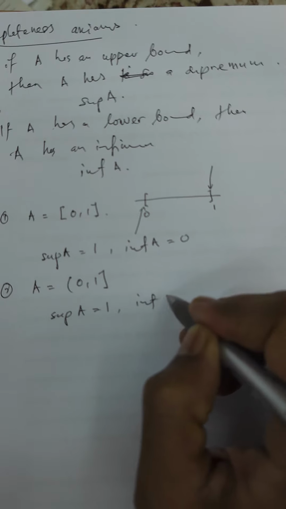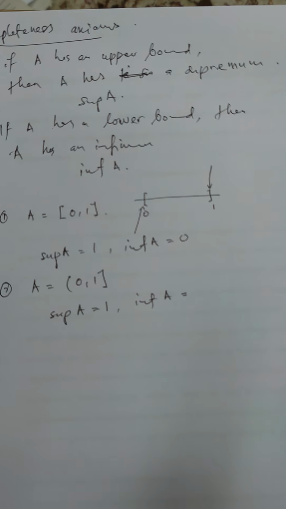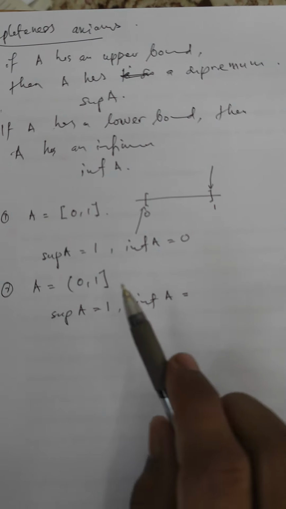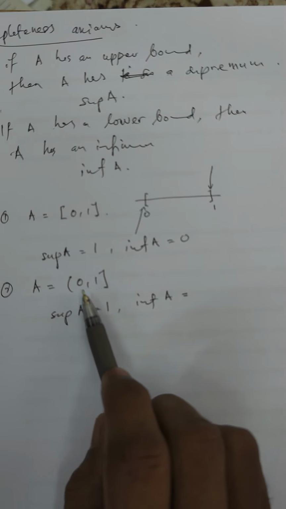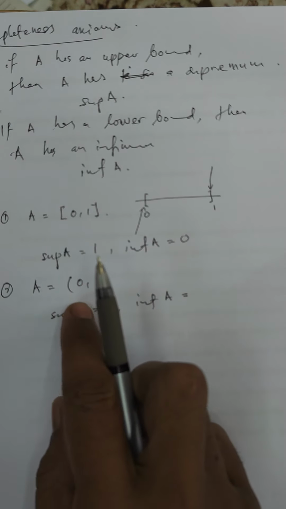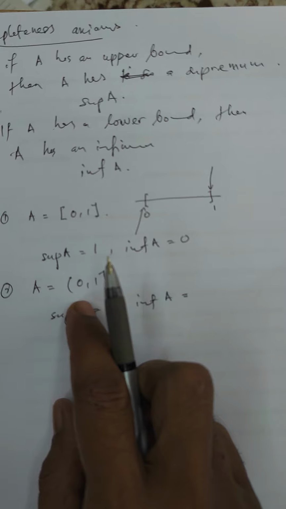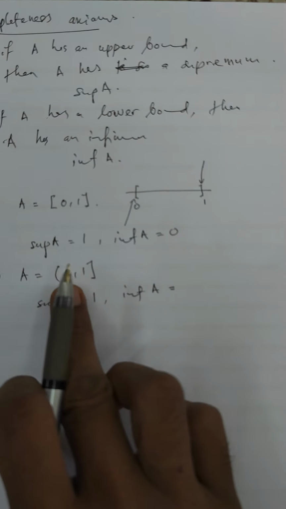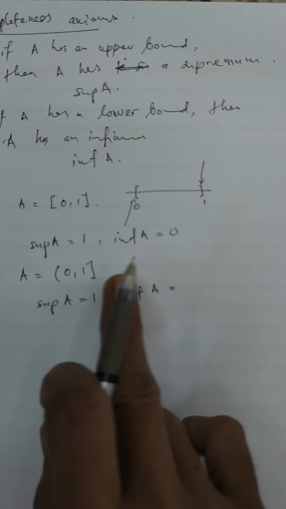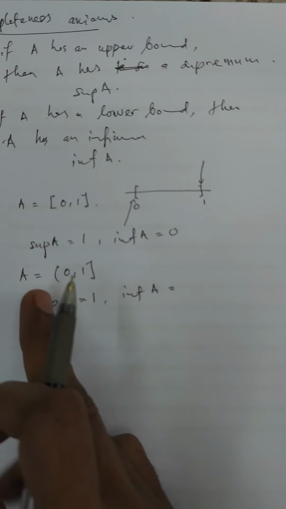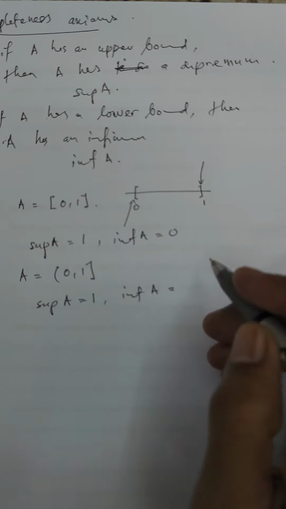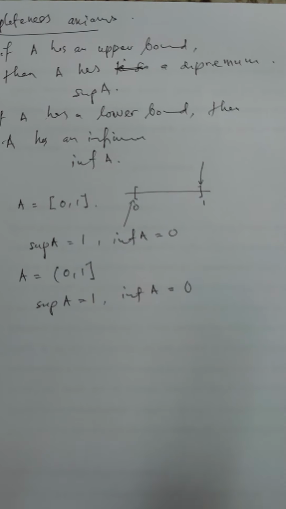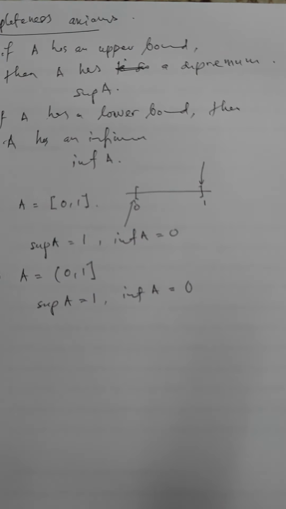What about the infimum of A? It's 0, right? Even though 0 is not in the set, not an element of set A, you can choose any small number that is close enough to 0. So 0 is the infimum of A.